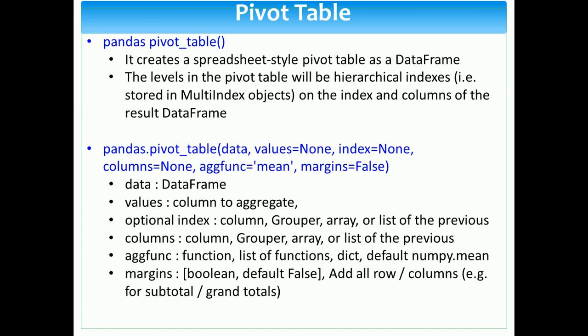Again you can have a column, grouper, array, or list of the previous. Then you have the aggregate function, using which you can do the aggregation. We will see this in the demo. Then margins, where you can add all the rows or columns, for subtotals or grand totals and all that. We will see that in the demo, so this option will get clear.